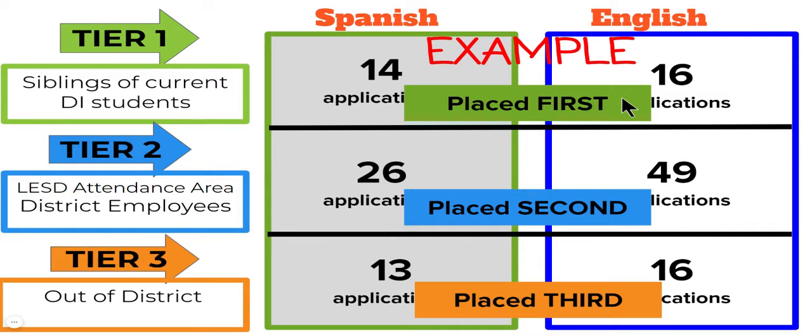Students in Tier 1 will be placed first, Tier 2 will be placed second, and Tier 3 will be placed third.